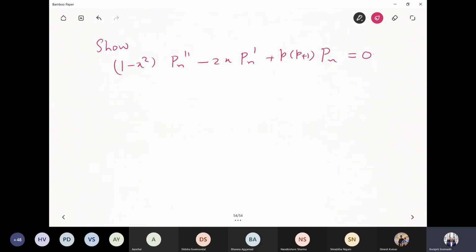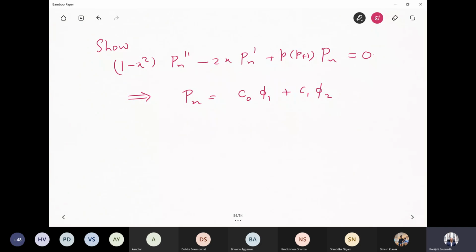Once we have shown this, what does this mean? This means Pn is in the general solution, C0 phi1 plus C1 phi2. So this implies that Pn is a solution, C0 times phi1 plus C1 times phi2.